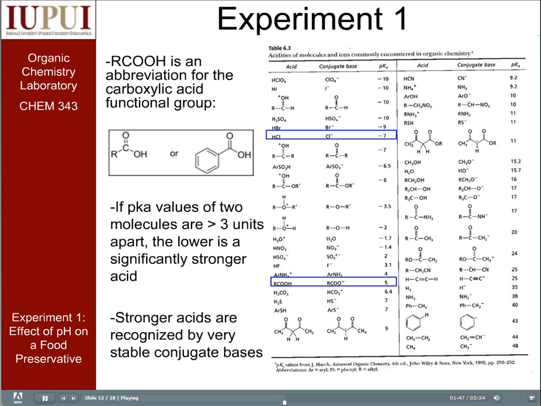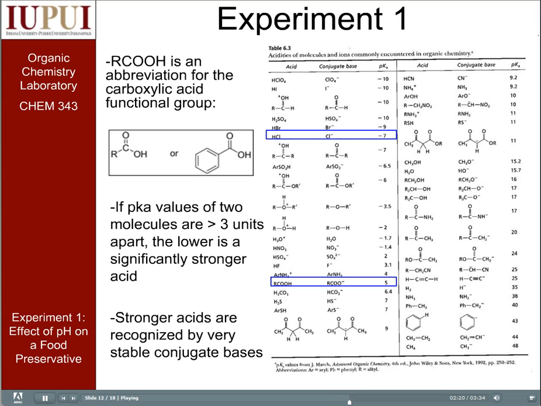A good rule of thumb to follow is that if two different acids are more than 3 pKa units apart, then the lower pKa number is a significantly stronger acid. So if it's a stronger acid, like in this case HCl is, then that's going to affect how the equilibrium works, and it's going to end up going away from that strong acid, which is going to lead to more of the benzoic acid product.